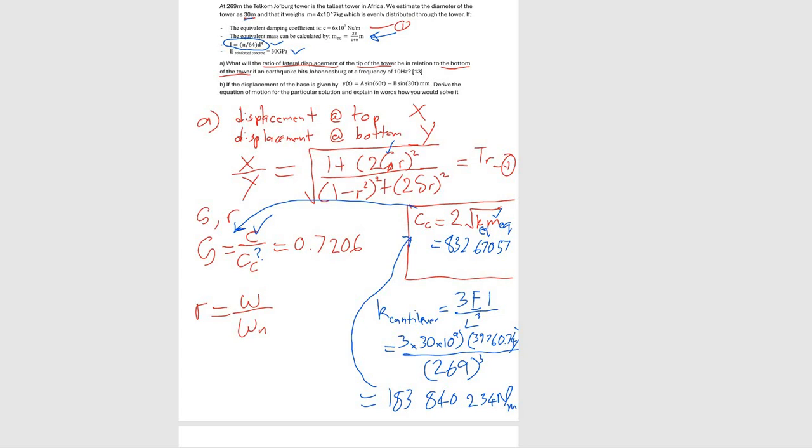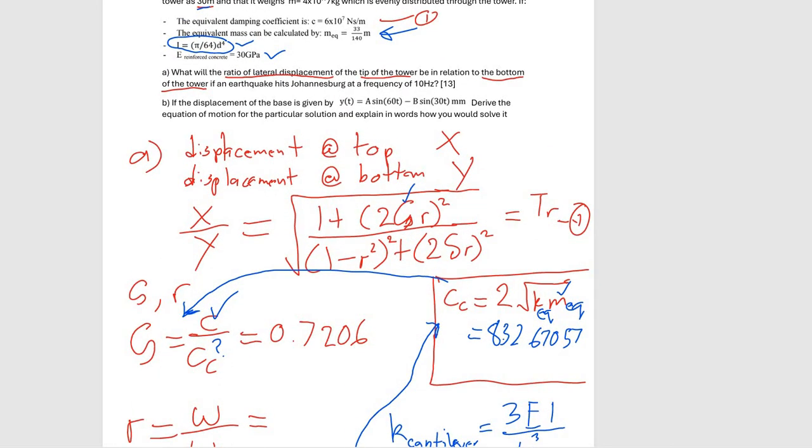Well, we first need to find the excitation frequency according to the question, and we also need to find the natural frequency. Based on the question, we can see that the excitation frequency was stipulated.